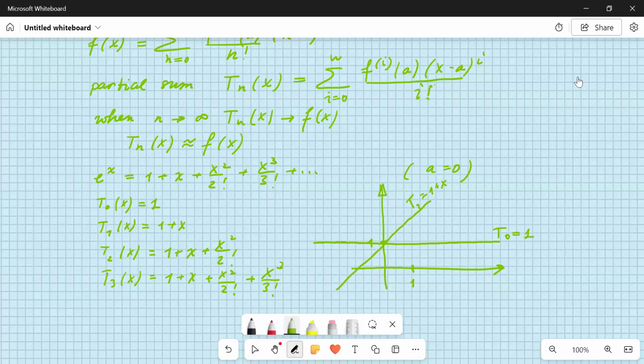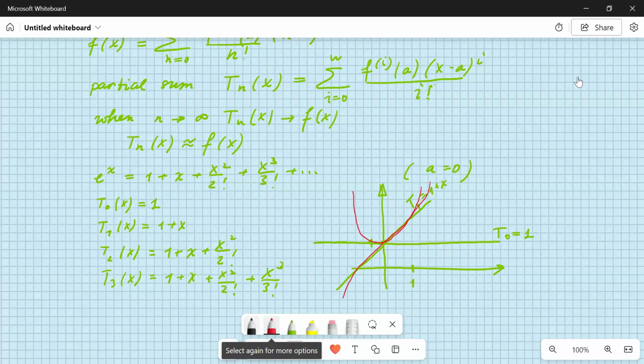I'm going to turn the color to red. My next one is 1 plus x plus x squared over 2, which is going to look like a quadratic polynomial, kind of like this. The next one, T3, is going to look maybe like this, something like that.